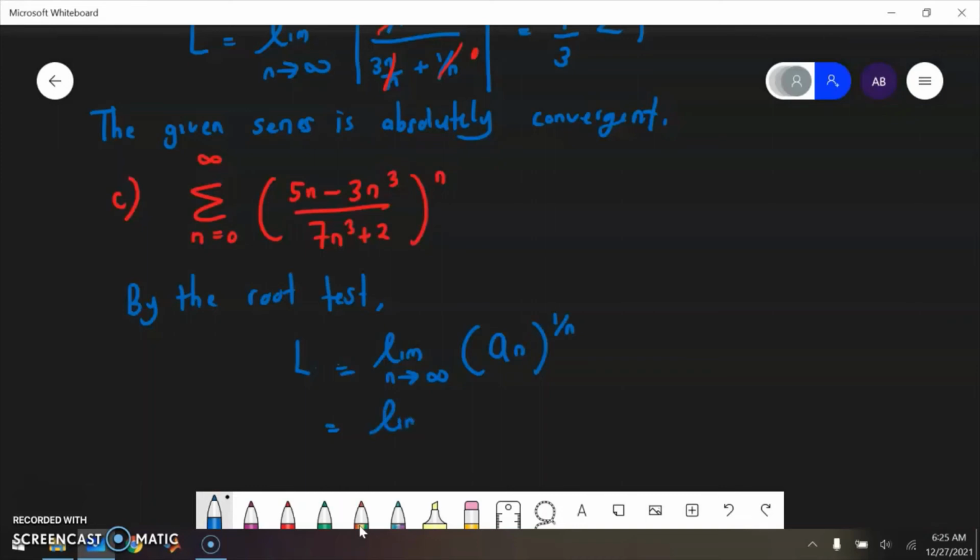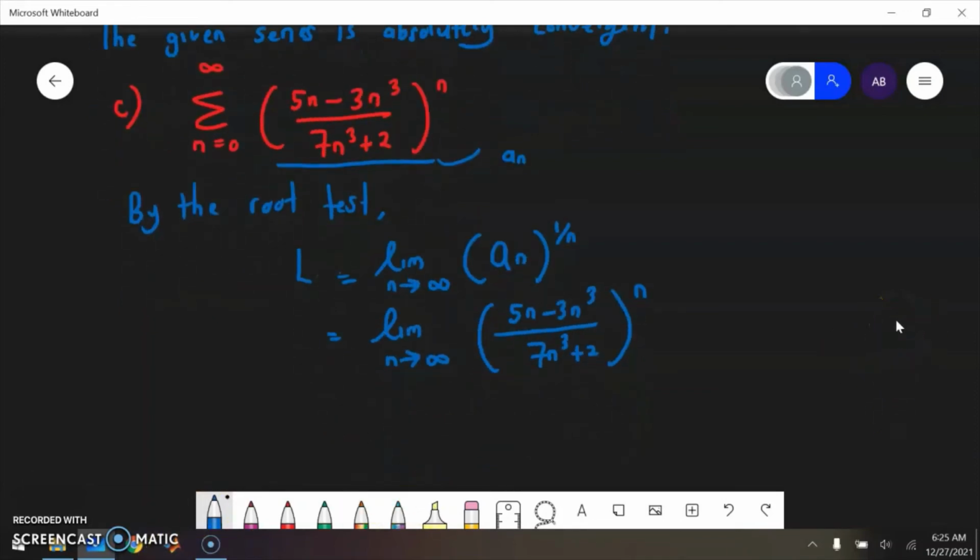So now I have the limit as n approaches infinity of a_n, which is (5n minus 3n cubed over 7n cubed plus 2) to the power of n. So this whole thing is my a_n. Now I have to raise it to the power of 1 over n.